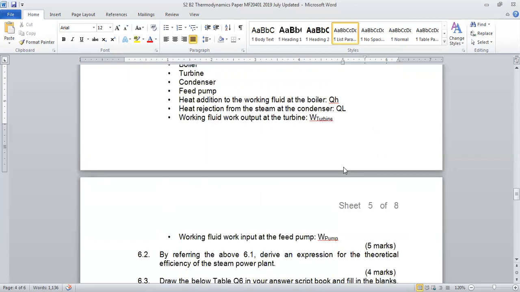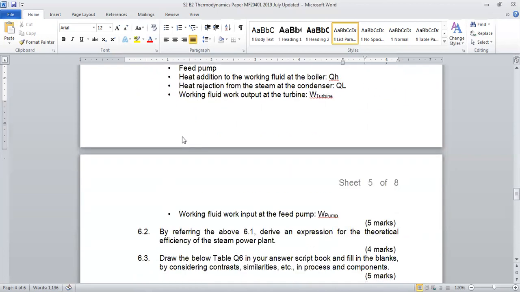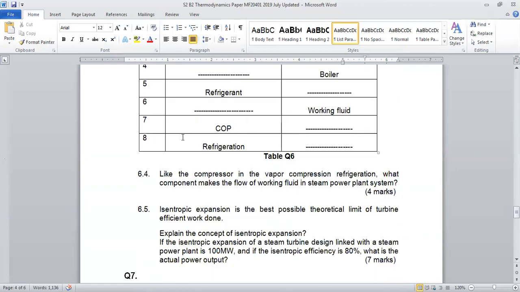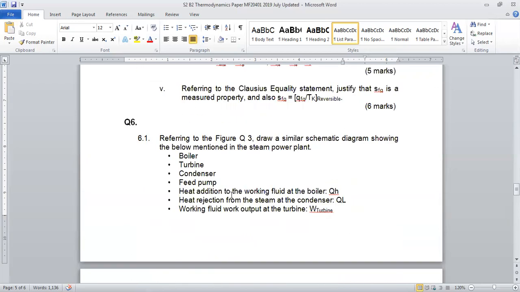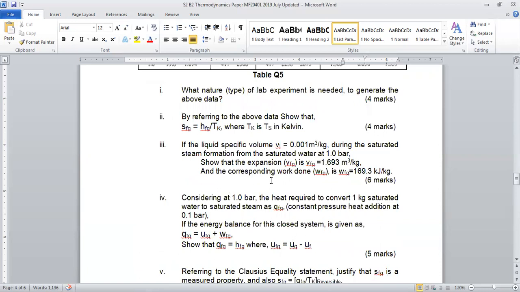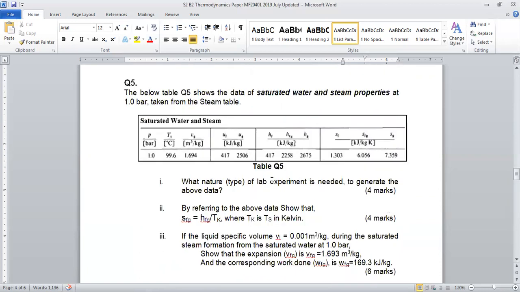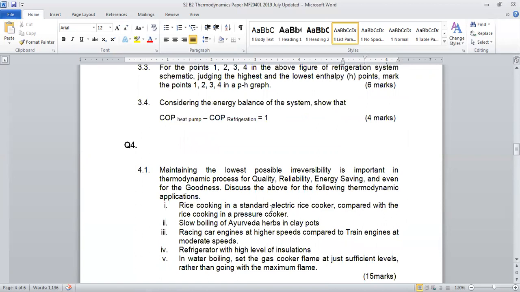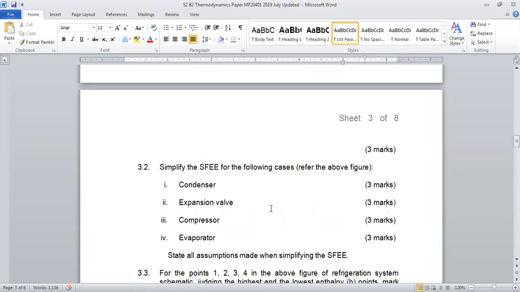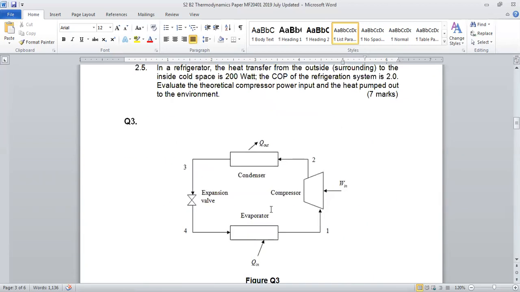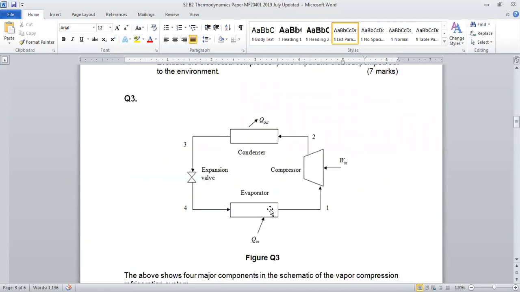So this is just one section, 6.1, and it goes until 6.5. There are sections, of course. Even question 5, there are five sub-questions. Question 4, you have 4 questions. Question 1, question 3, you have 4 sections.